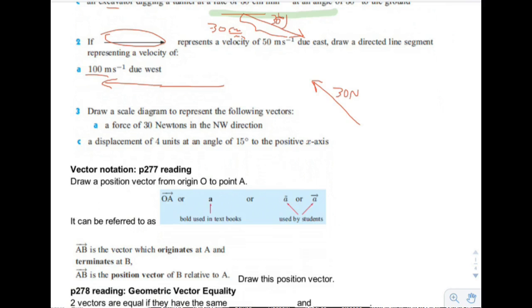So the positive x-axis is this part of the x-axis. Displacement of 4 units at an angle of 15 degrees. So 15 degrees, I don't know, is about like that maybe. And 4 units would be 1, 2, 3, 4. Okay?